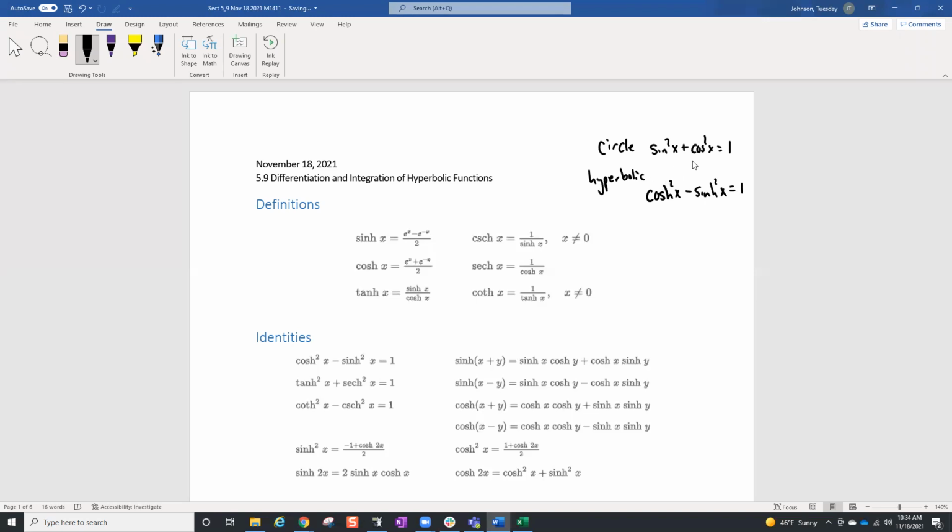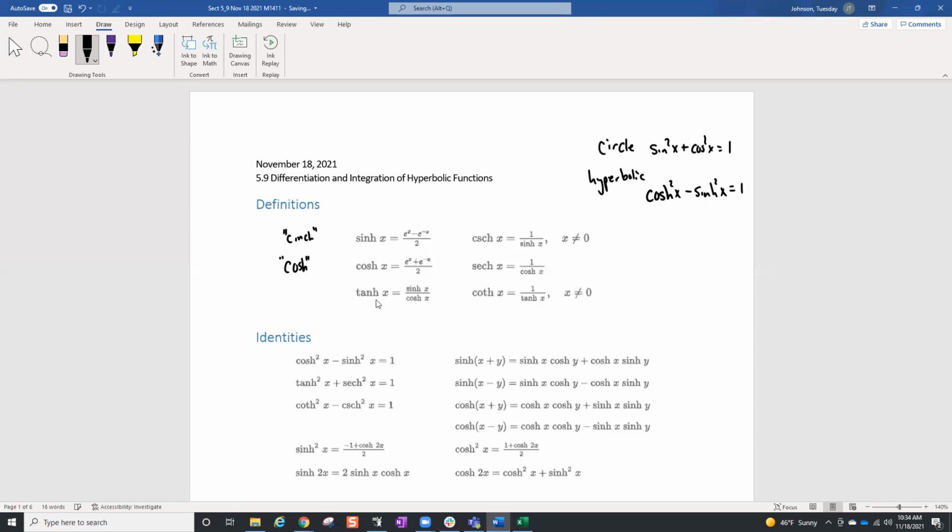Sine and cosine are no longer determined by a unit circle. In the hyperbolic world, it's determined by e to the x and combinations of e to the x and e to the negative x. We frequently call this one sinh. Actually, if you're spelling it correctly, it's like cinch, like you cinch the saddle tight: sinh and cosh.